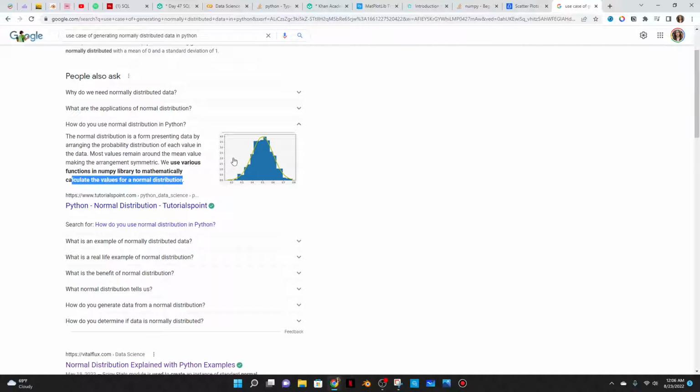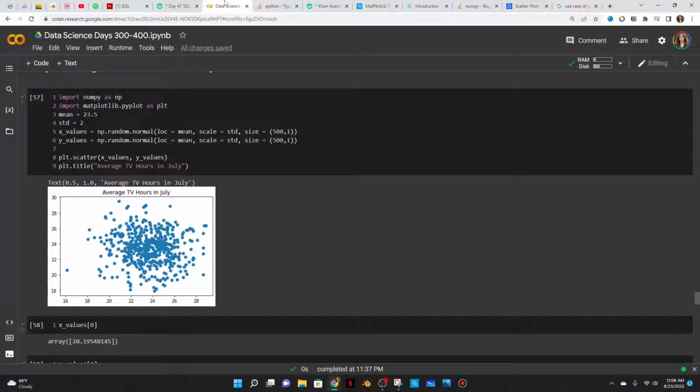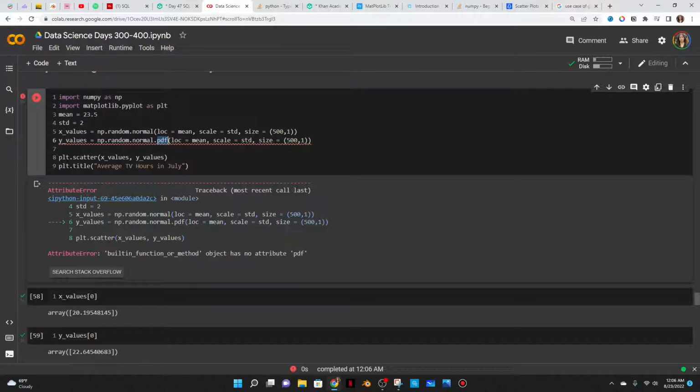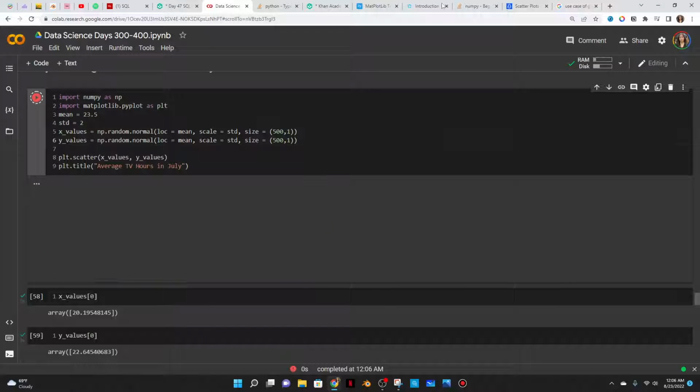So is it, okay, hold on. What if, let me go back. These are not the density values though. What if they were though? Does normal have a .pdf function? No, that would have made sense though.